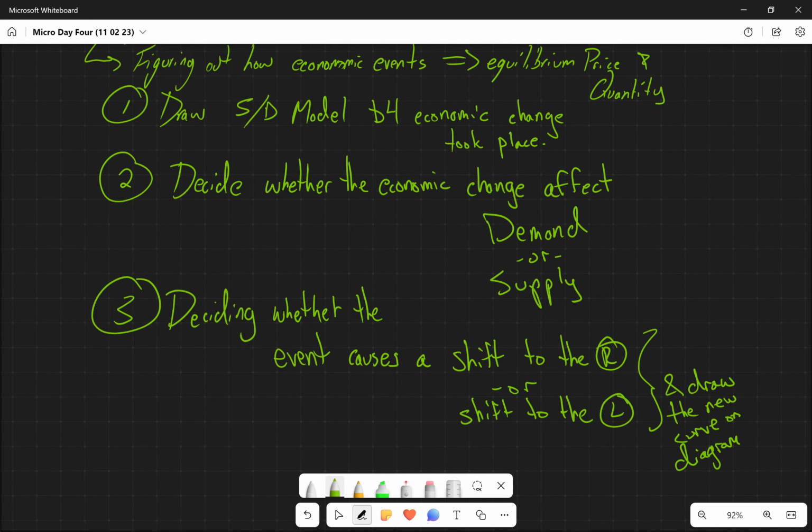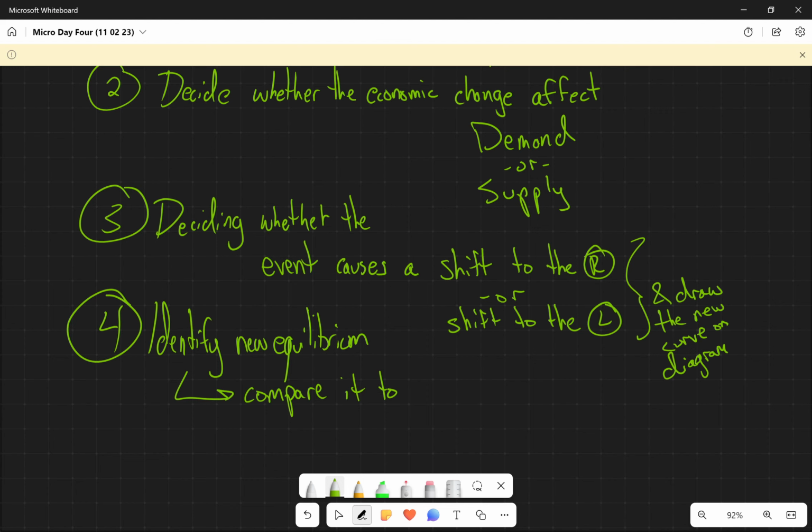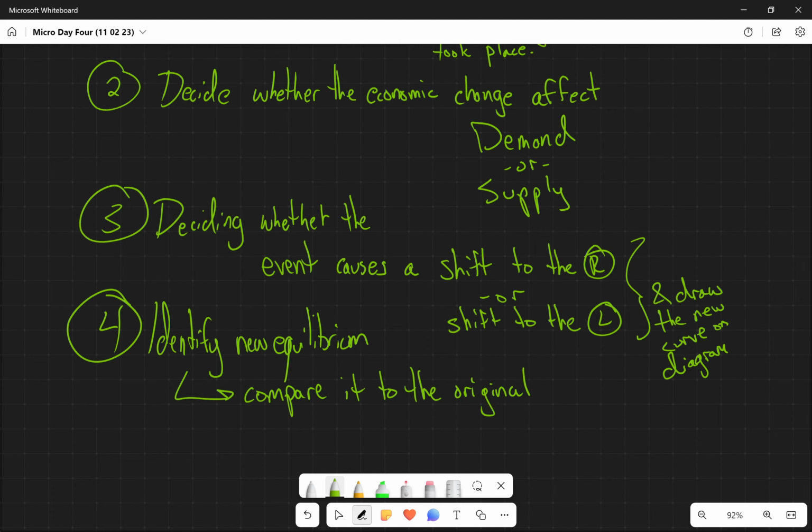And last but certainly not least, the whole reason why we're doing this is identify the new equilibrium, and then after you identify the new equilibrium, we are going to compare it to the original. So we're answering the question, does price decrease or increase?